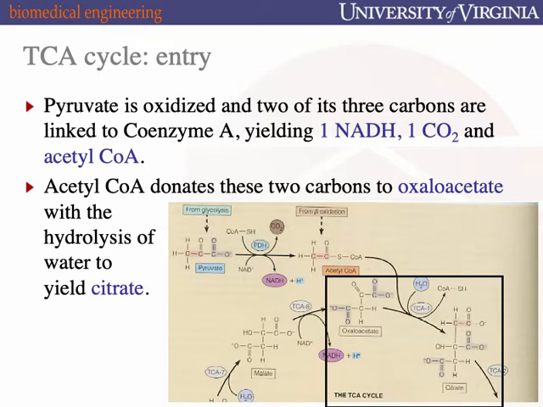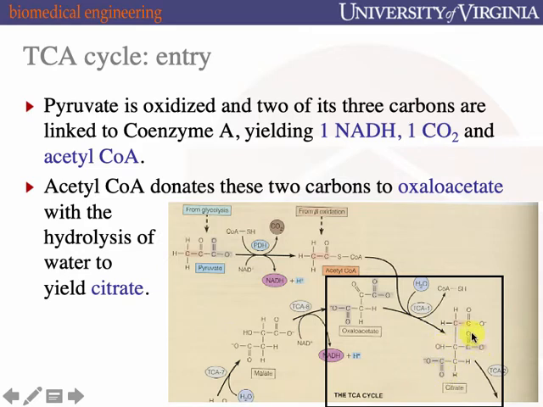The next thing that happens once into the TCA cycle is that those 2 carbons will get transferred to a very central metabolite in the TCA cycle called oxaloacetate to yield a metabolic byproduct called citrate. This is the first place where one encounters 3 carboxylic acids.